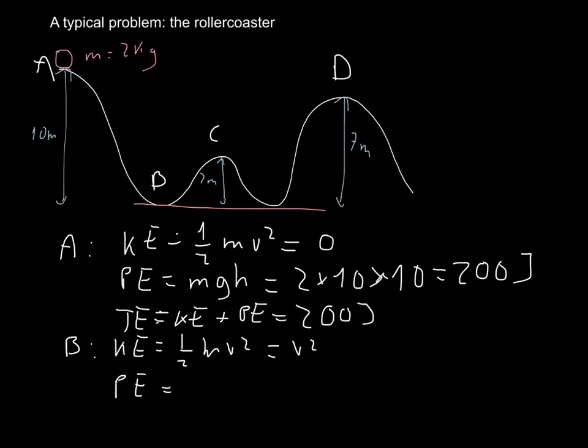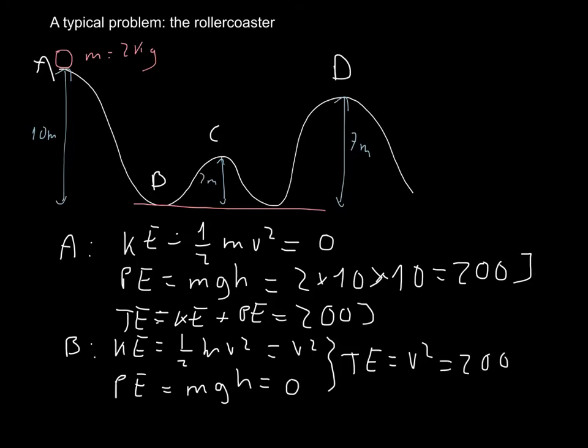So potential energy equals mgh equals 0. So the total energy is v squared. And v squared is equal to the total energy, which we already said was 200 because it's the same here, here, here, and here. Good. So v squared equals 200.